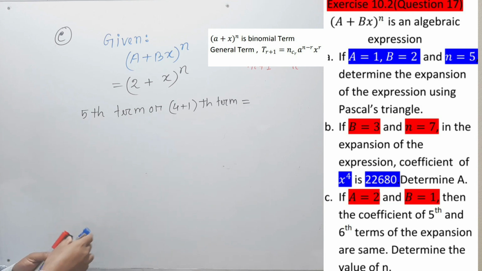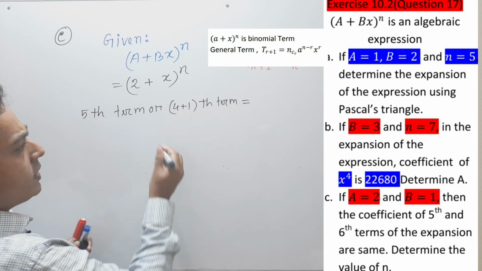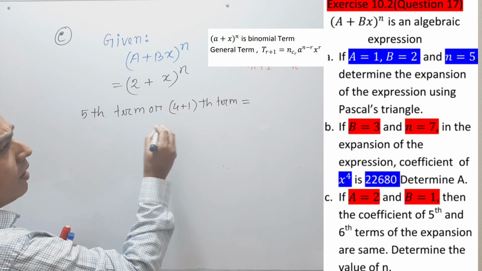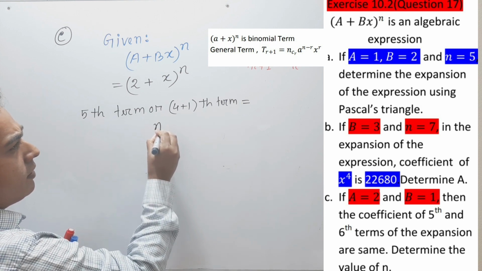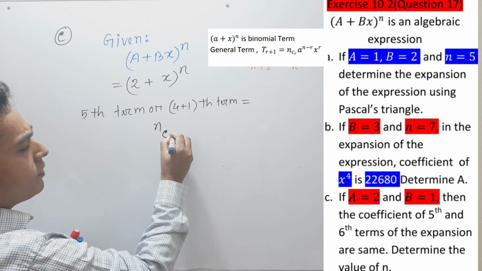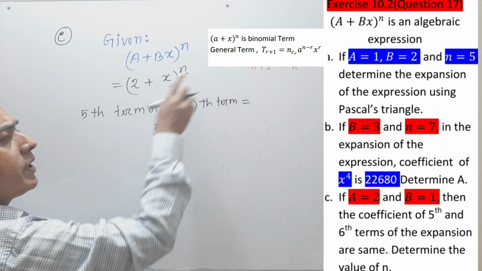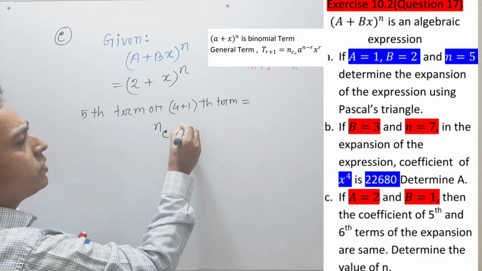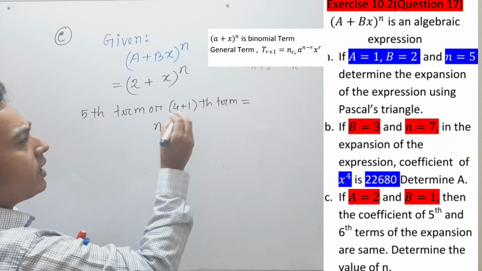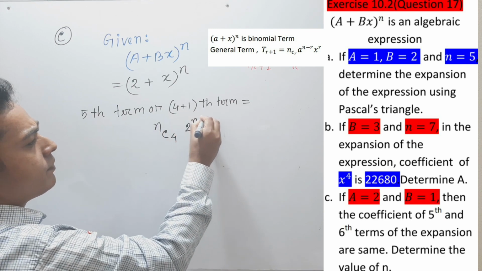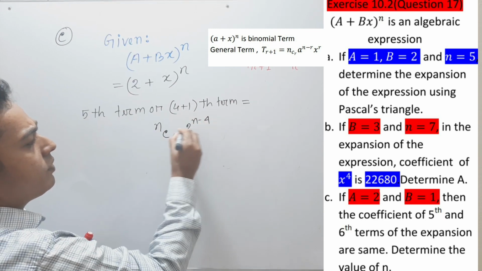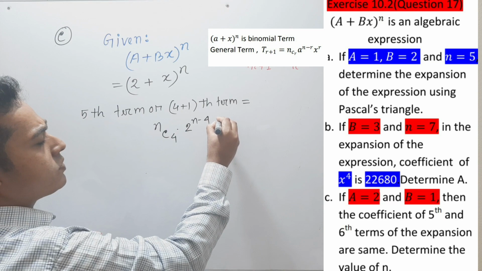Here our term is nCr with r equal to 4, and comparing with the formula, the first term a is 2, so 2 to the power n minus r, n minus 4, into x to the power r, which is 4.